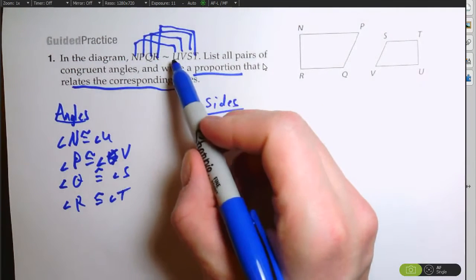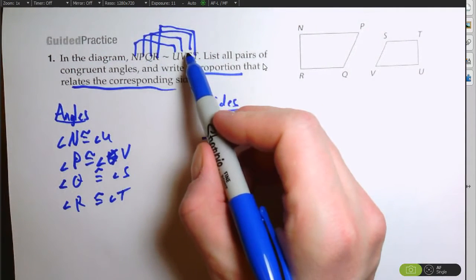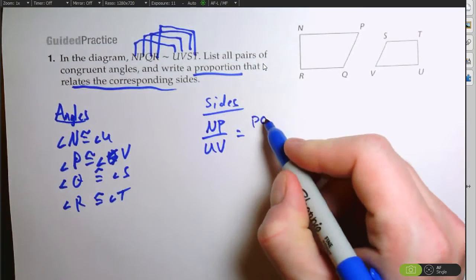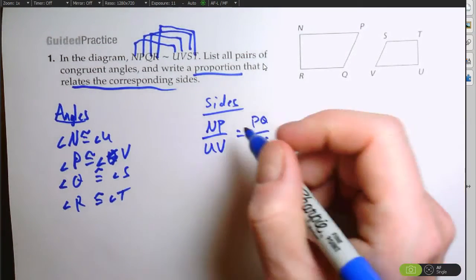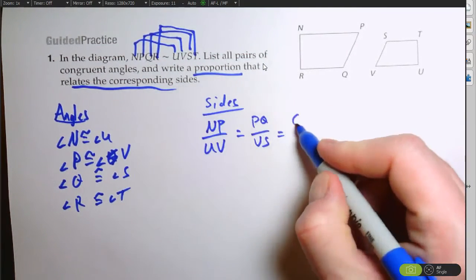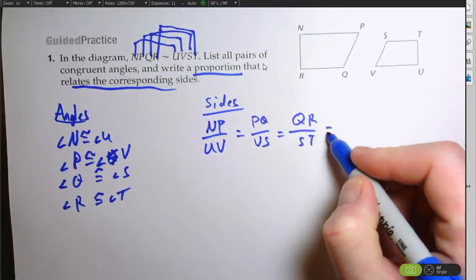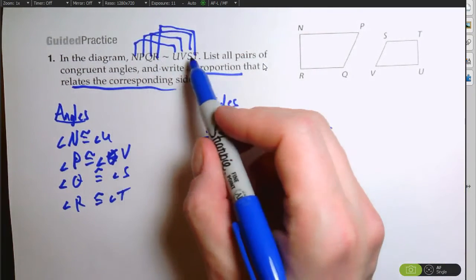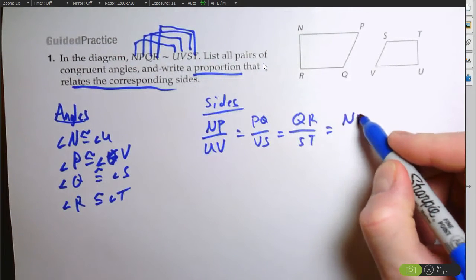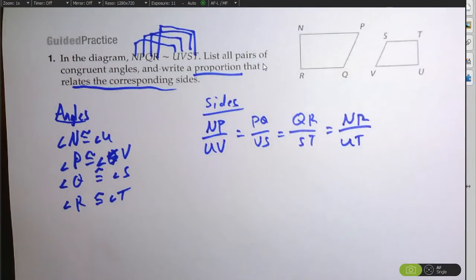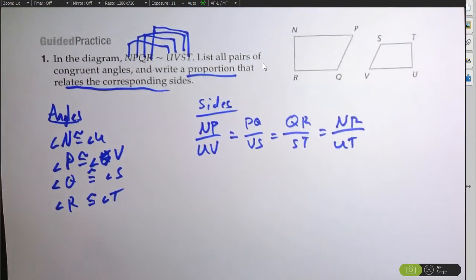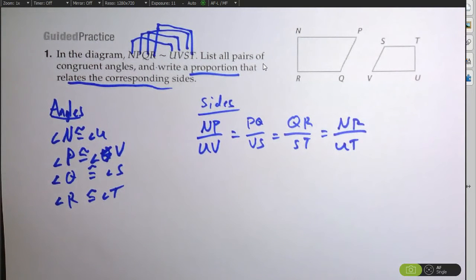So once I did NP to UV, I'm going to do PQ to VS. Then I'm going to do QR to ST. And NR to UT. There we go. All right, so there's my statement.